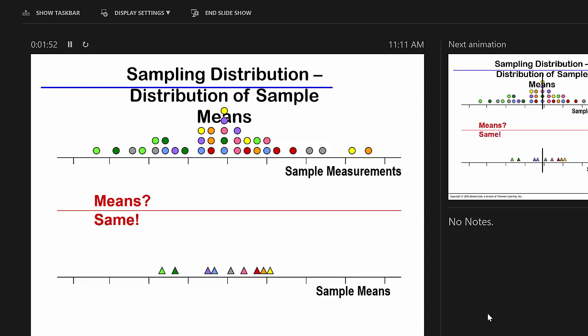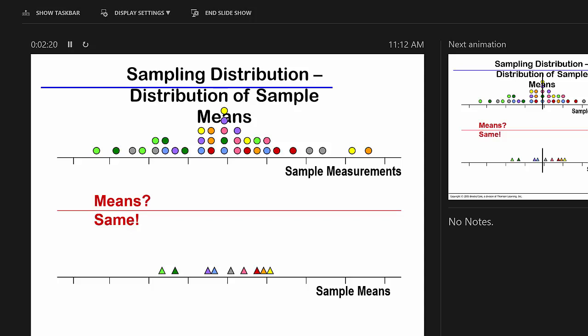So if I would ask you about the center of both distributions, just eyeballing the picture that you have up there, what do you think? The center of the population distribution is right here, correct? All right, and the center of my sampling distribution is approximately in the same area, right?